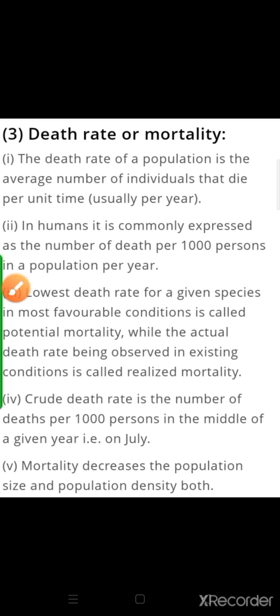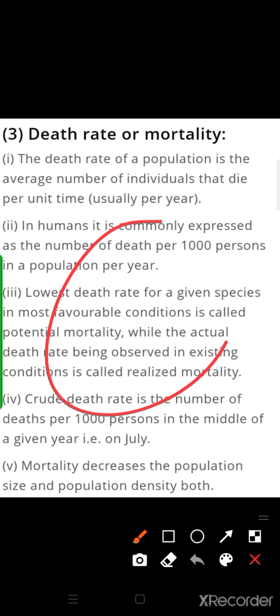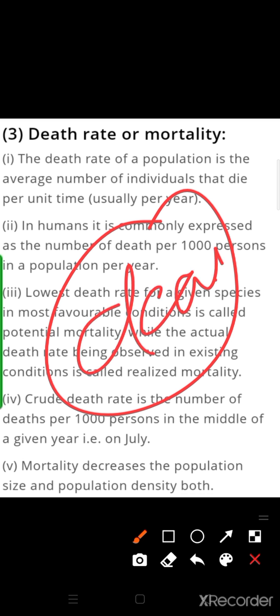Now, what is mortality? Mortality means death rate. The death rate of a population is the average number of individuals that die per unit area. Generally we calculate it over 1 year, meaning how many individuals die in a given population in a year.